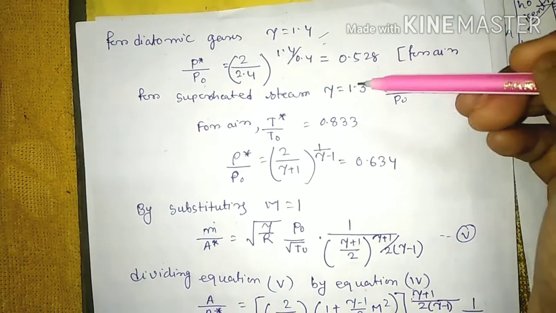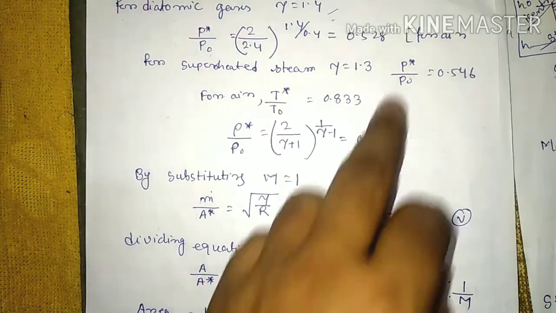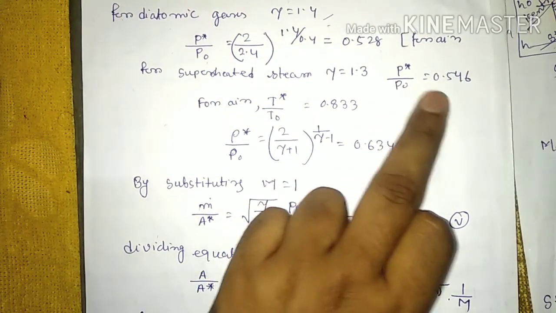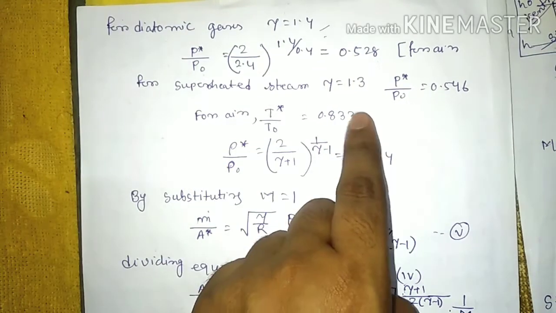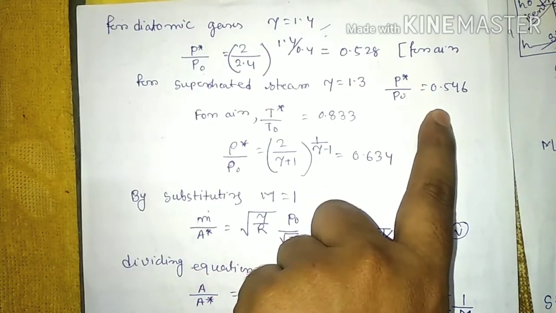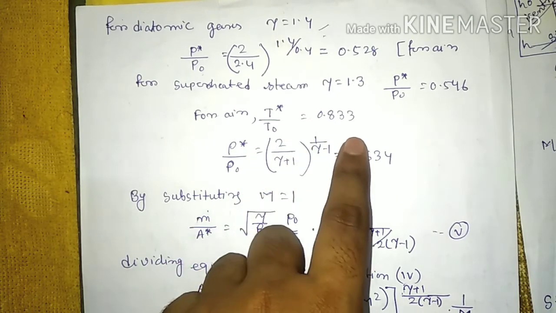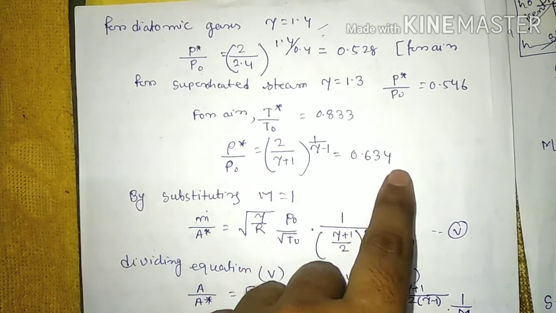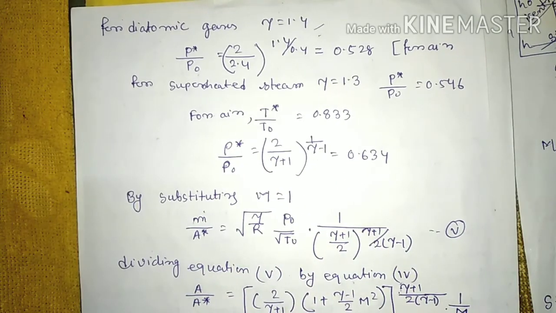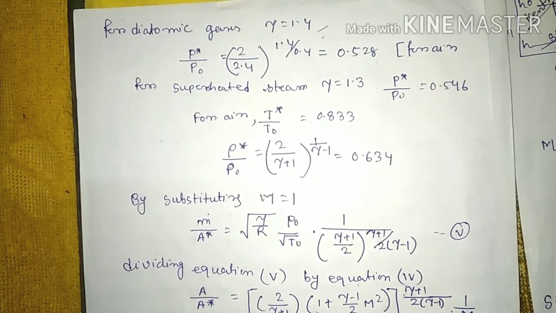For superheated steam, gamma is equal to 1.3, and P star by P0 will be 0.546. Similarly for air, T asterisk by T0 will be 0.833, and for density it is 0.634.